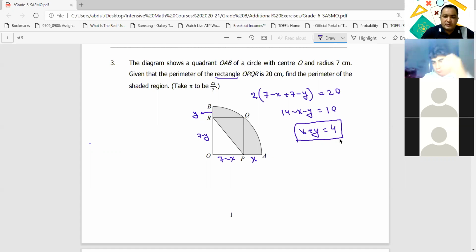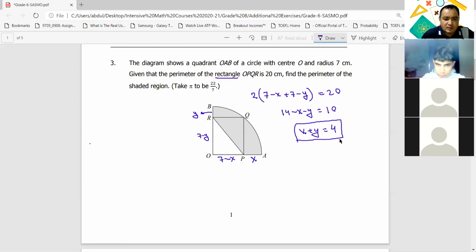As Musa said, if AP equals X, OP should be 7 minus X. If RB equals Y, then OR should be equal to 7 minus Y, right? From this relationship, the perimeter is given: X plus Y equals 4.